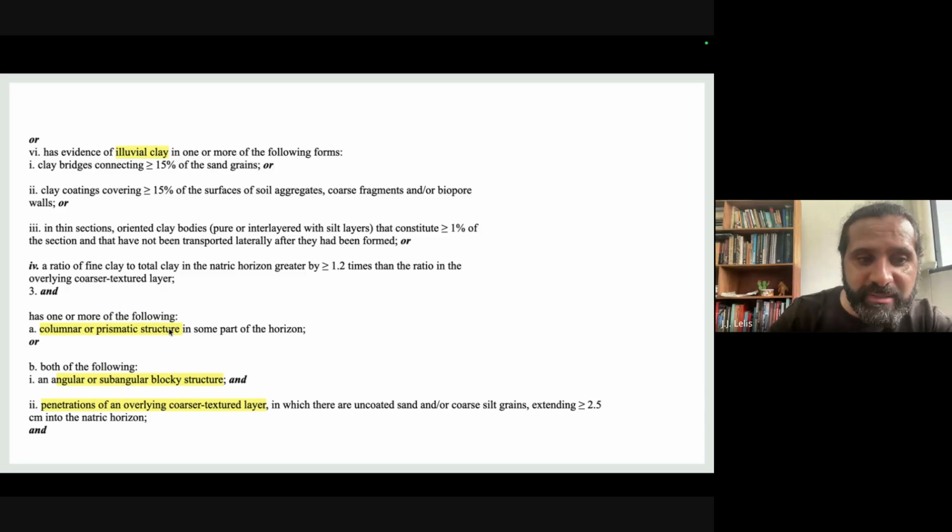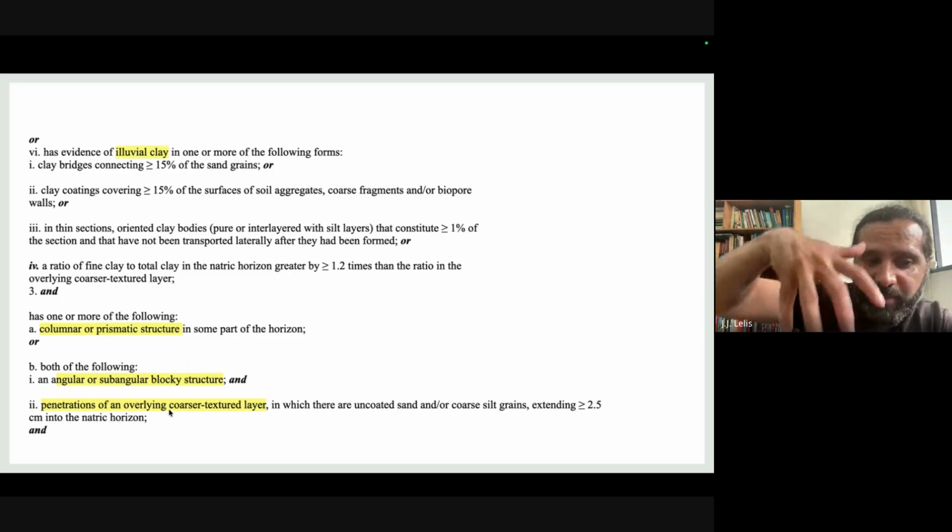You must identify one of them, or an angular or subangular block structure and penetrations of overlying coarser texture layer in which there are uncoated sand and/or coarse silt grains extending to more or equal to 2.5 centimeters into the natric horizon.